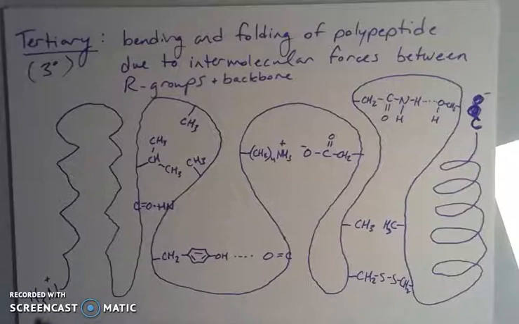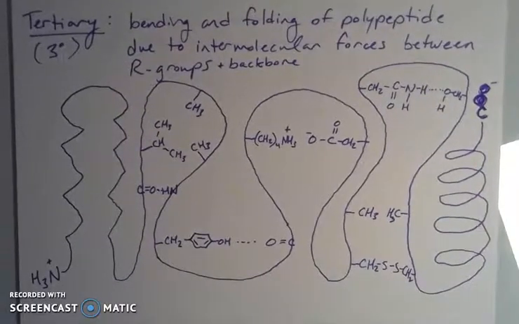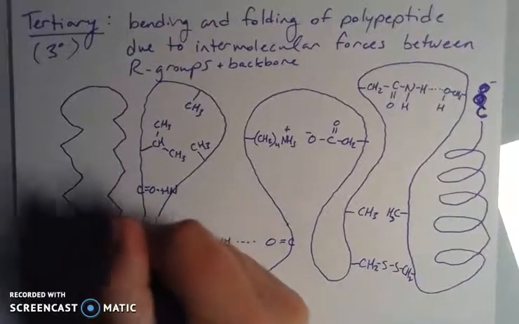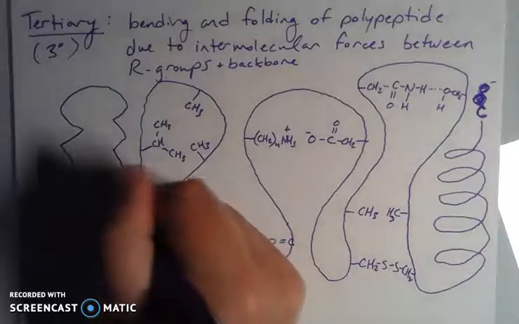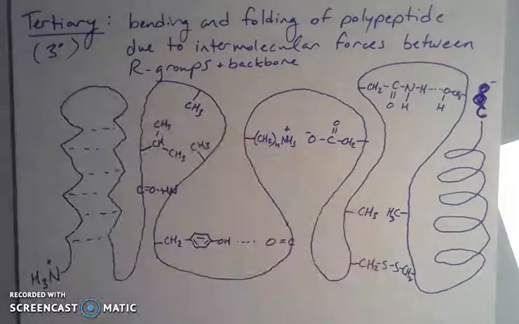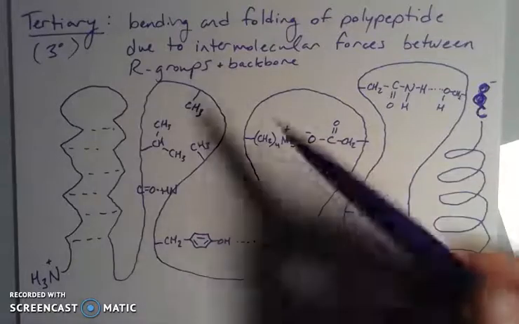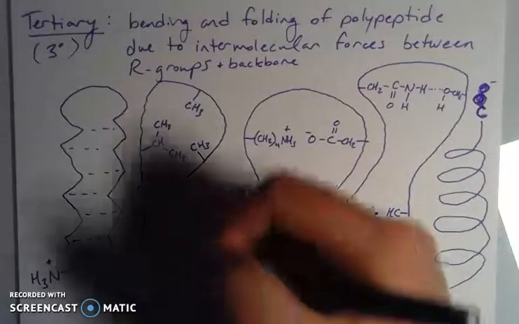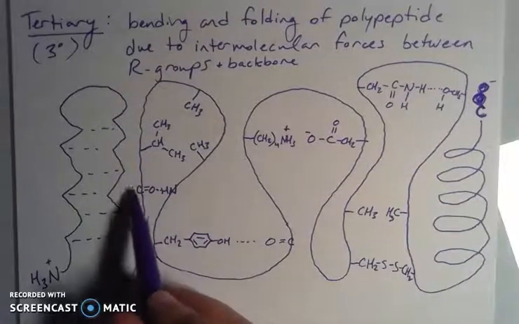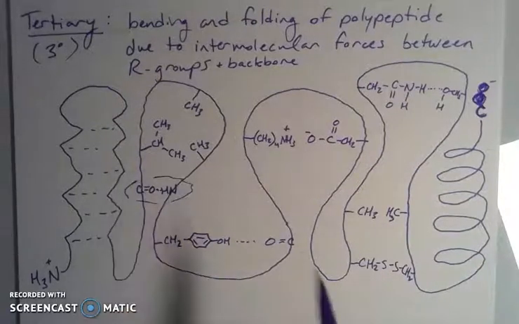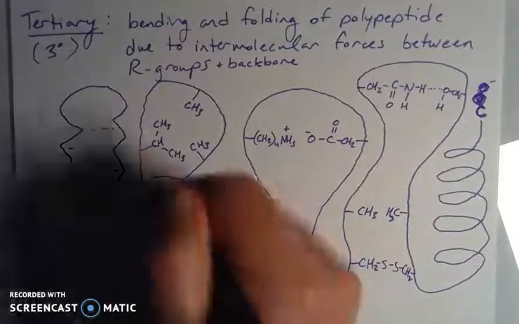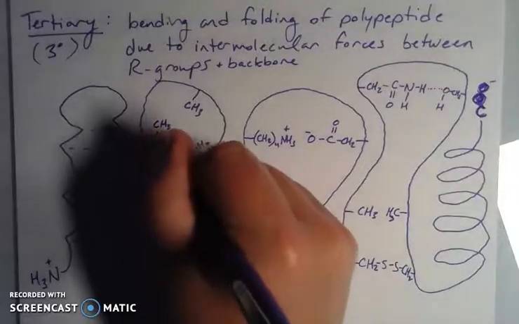So if we have my N terminal down here, and I maybe have some beta pleated sheets here, this is a secondary structure within the tertiary structure, because the tertiary structure is all these bends and folds that can occur. Then if I follow along here, I can see, well, in this section here, these are my backbone amino acids. So these guys can have some hydrogen bonding.